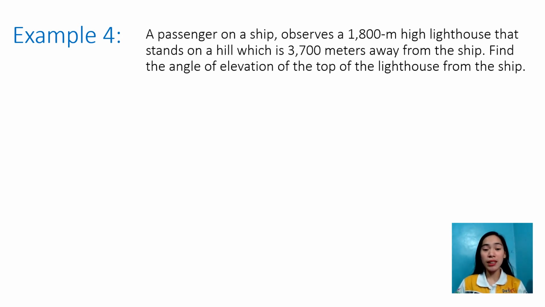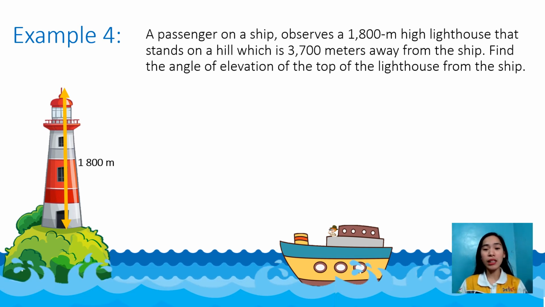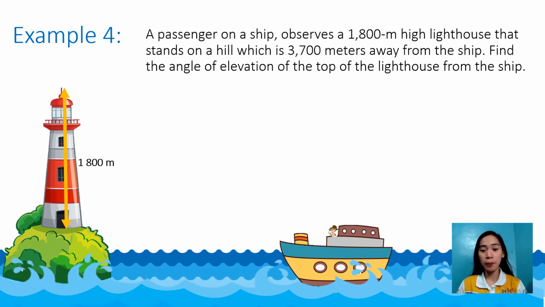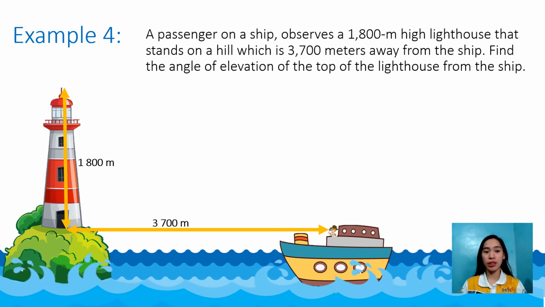So first, let us illustrate the given problem. So we have the lighthouse and the ship. It says here it has a 1,800 meters high lighthouse, and the distance from the lighthouse up to the observer, which is the passenger on a ship, is 3,700 meters.